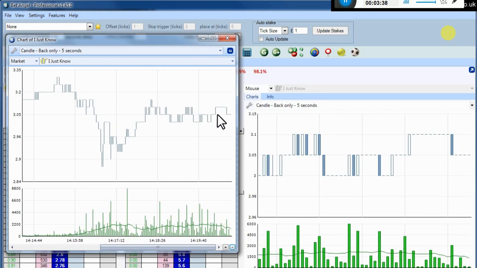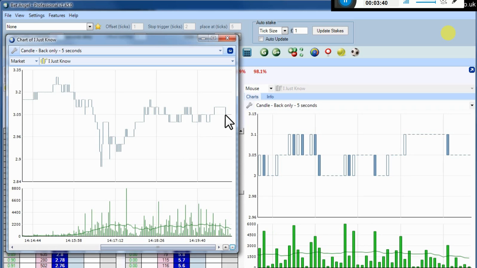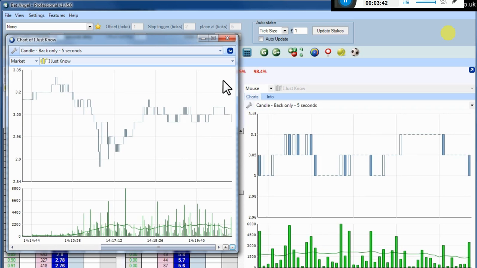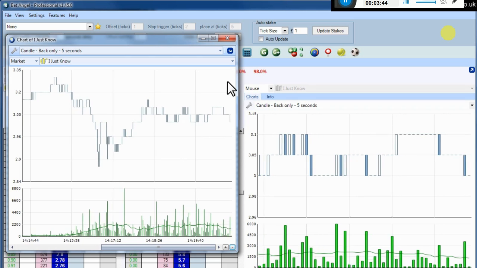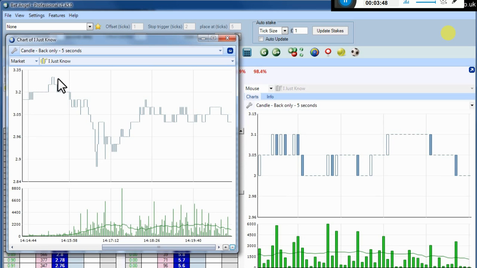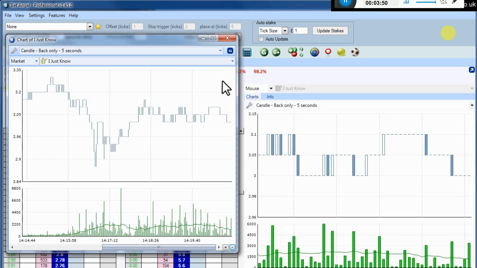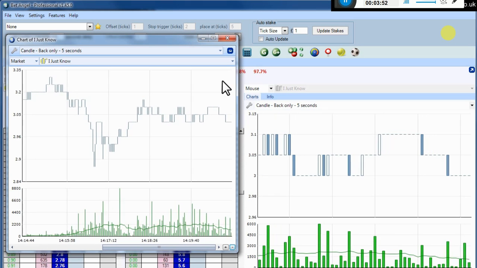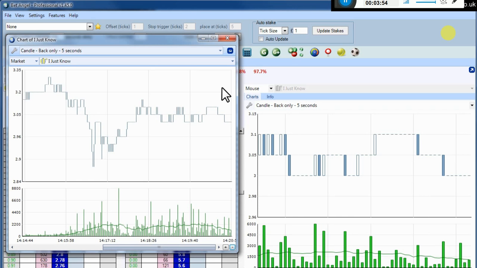But if, for example, this price was to rise now to, let's say, 3.3, which is a point it's never reached before, well, it's reached it once, but it's the highest point it's been, I would be looking, as far as trading is concerned, at that price dropping.